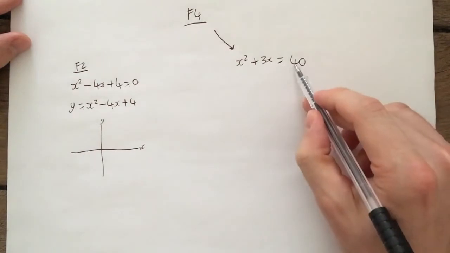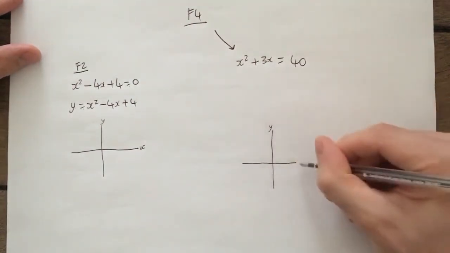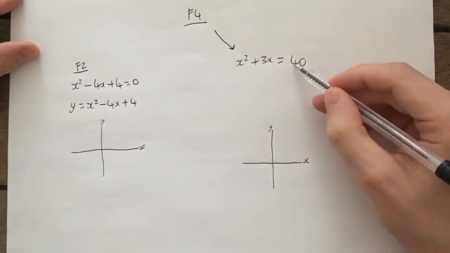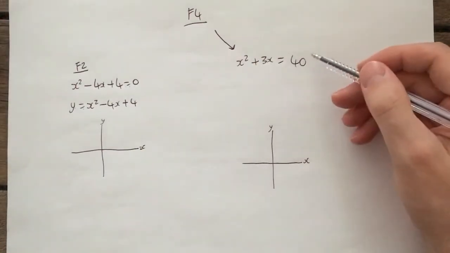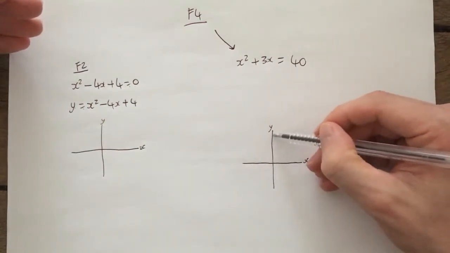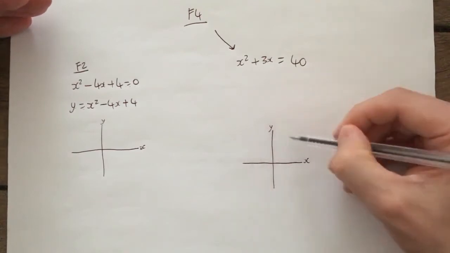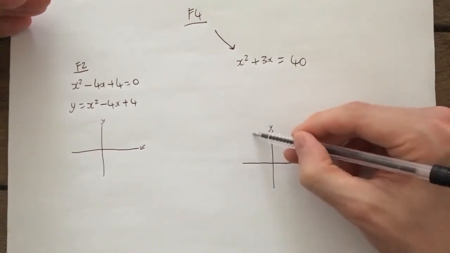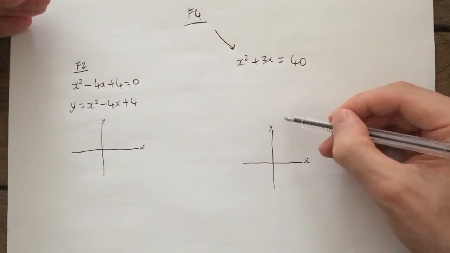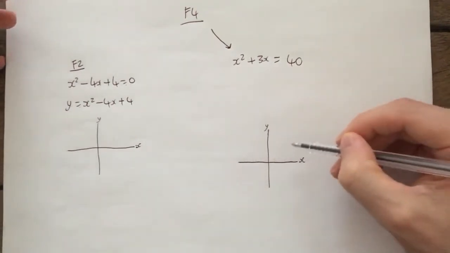The problem right now is that if I was going to draw this on a graph, y doesn't equal 0. y equals 40 here, which would mean we'd find the values of x where y is 40, whether it be here or here or here. But we don't really want that when we plot a graph. We want to know what the x values are on the x-axis.